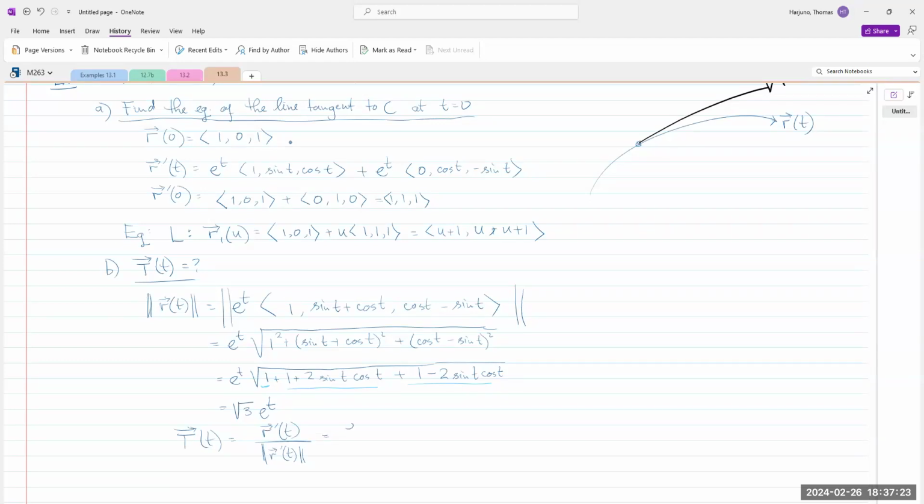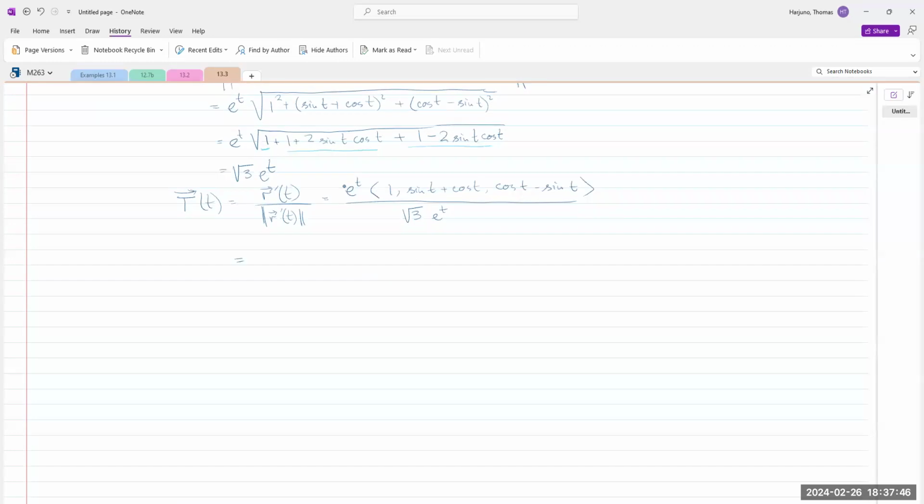That's e to the t (1, sine t plus cosine t, cosine t minus sine t) divided by square root of 3 e to the t, which will give us, let me still keep that 1 over square root of 3 factor, (1, sine t plus cosine t, cosine t minus sine t).